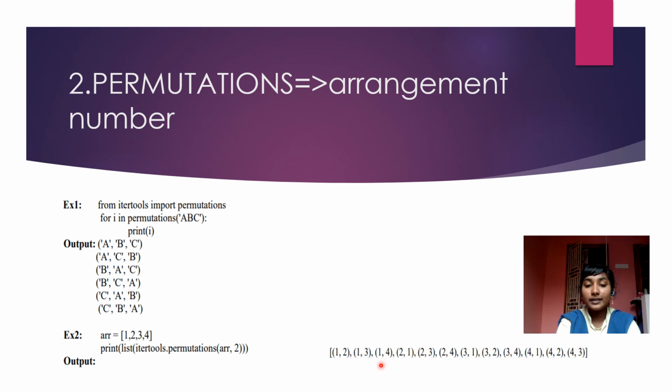We want some sublists, so we want those in the size of 2. So we are writing here ARR comma 2, and here we will get as output 1 comma 2, 1 comma 3, 1 comma 4, 2 comma 1, 2 comma 3, 2 comma 4, and so on.